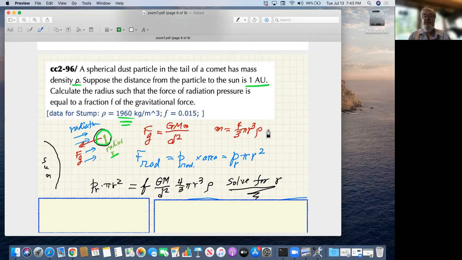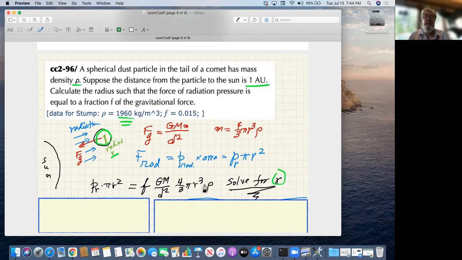Well, it's the density times the volume. The volume is 4/3 pi r cubed. So I have this equation. The pressure times pi r squared is equal to this fraction, 1.5% of the gravitational force, GMm over d squared, where m is 4/3 pi r cubed rho. And the problem is to solve for r.